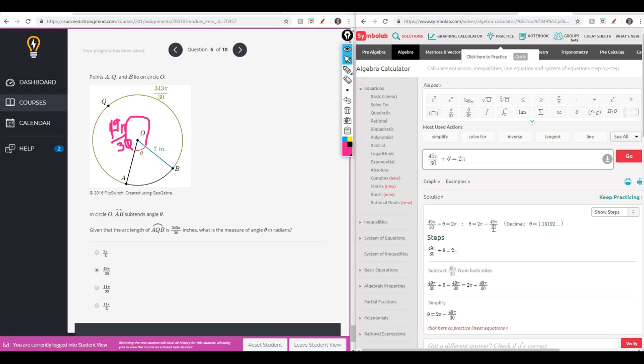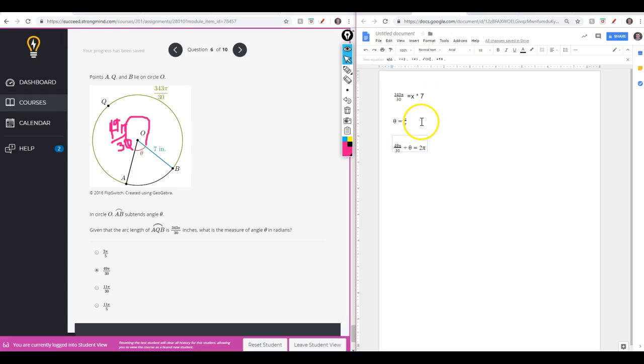That doesn't really help me out a lot. Another trick you could do, since it gave you the decimal form, which is 1.15192, is to use a tool.